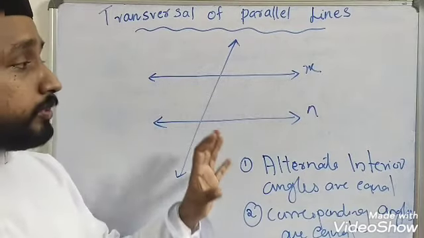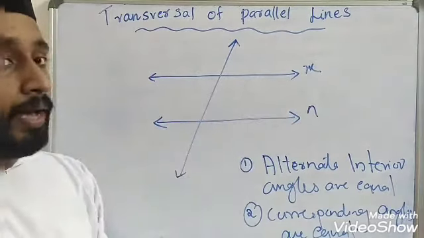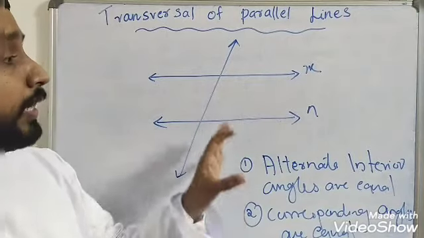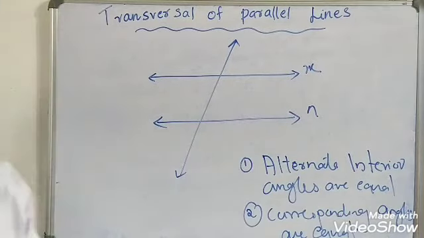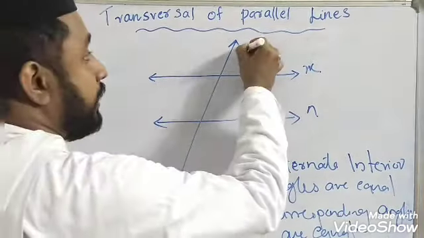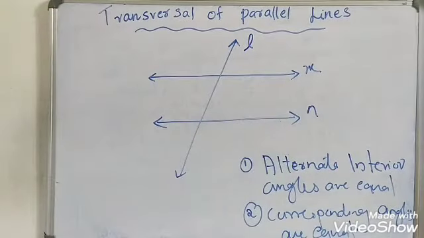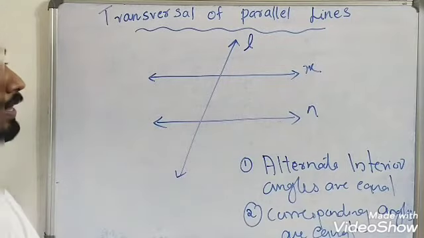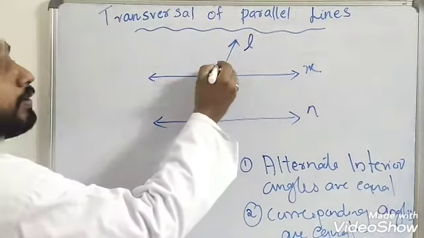So we are going to study two parallel lines M and N. Then these two parallel lines are cut by a transversal L, a line L called a transversal, cutting M and N. So how many angles are forming?